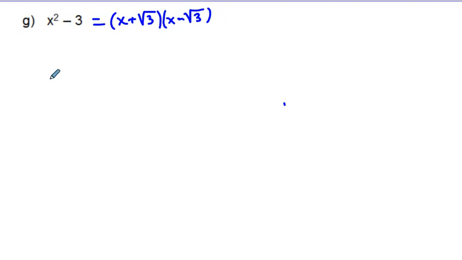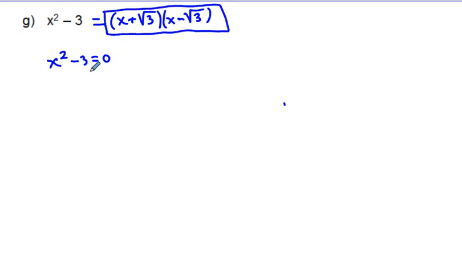Now where this is helpful is if we end up with an expression like x squared minus 3 equals 0, we'll be able to solve for x by using this difference of squares. So strictly not factorable in a conventional sense, yet very useful to us in solving this particular problem.